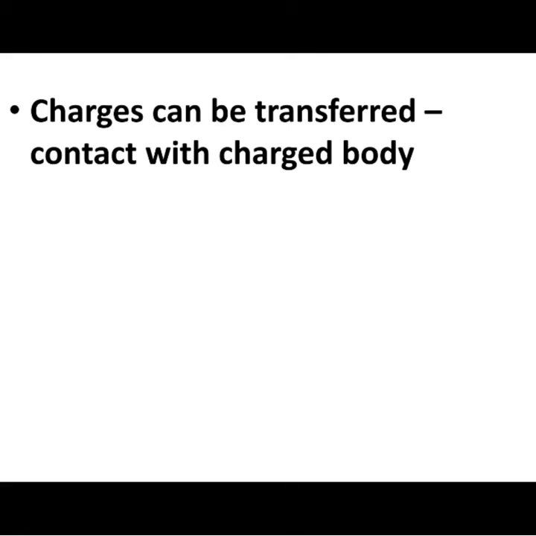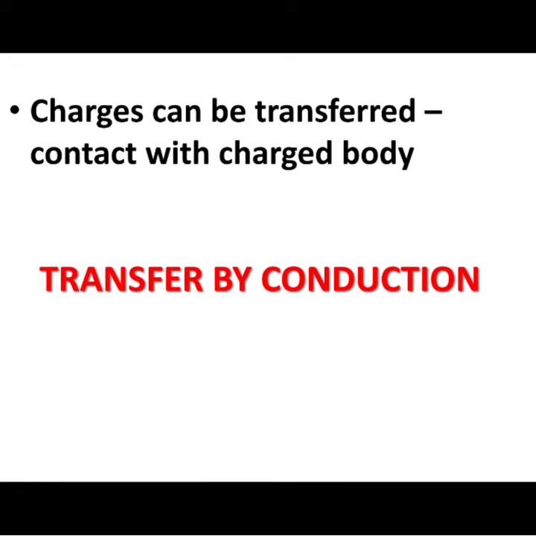Thus, we can say that charges can be transferred to an object by bringing it in contact with a charged body. This method of transferring charges from one body to another body is called transfer by conduction.